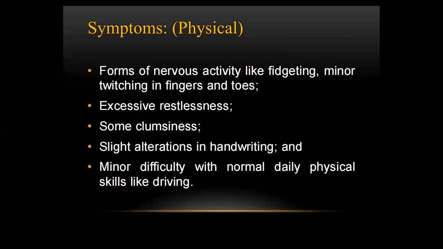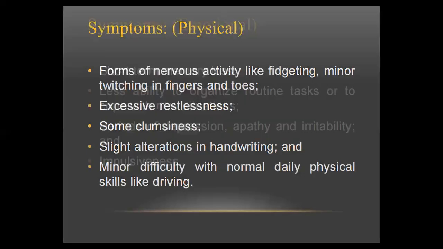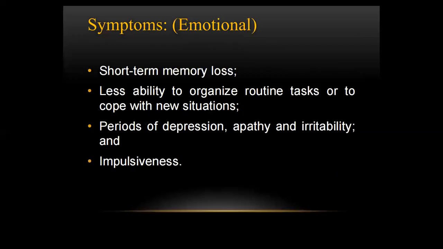There is slight alteration in handwriting and minor difficulty with normal daily physical skills and driving. There are also problems in emotion, like short-term memory loss, inability to organize routine tasks or to cope with new situations, periods of depression, irritability, and impulsiveness.